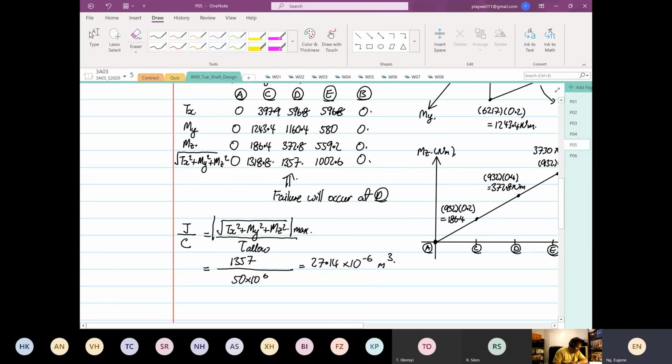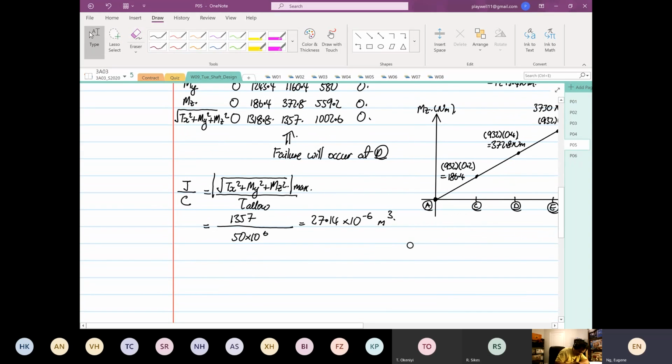Okay, so now we know that J will be equal to pi over 2 multiplied by C to the power 4, where C is the radius of the shaft.